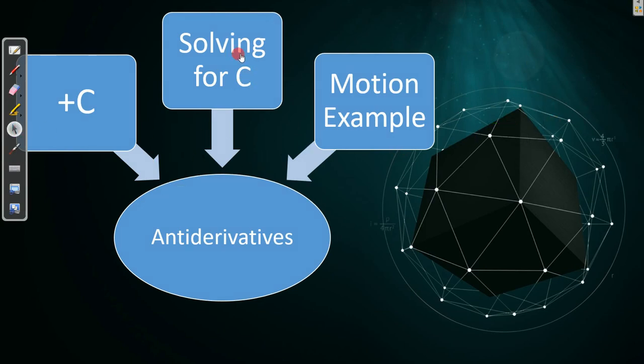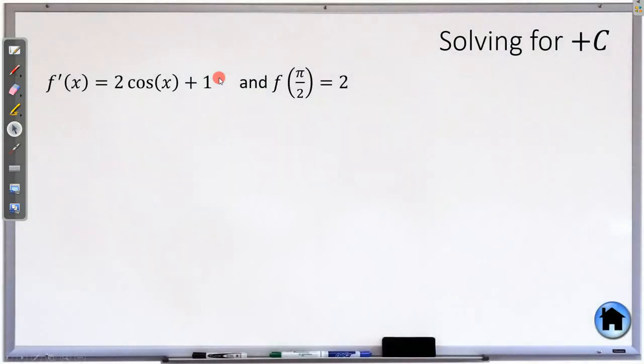So, let's solve for c now that we can kind of see what that c actually does. So we have our f prime is equal to 2 cosine x plus 1. So if I want to figure out what f is, I need to take the antiderivative.